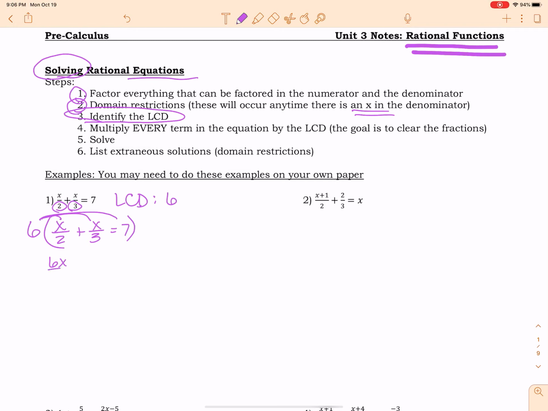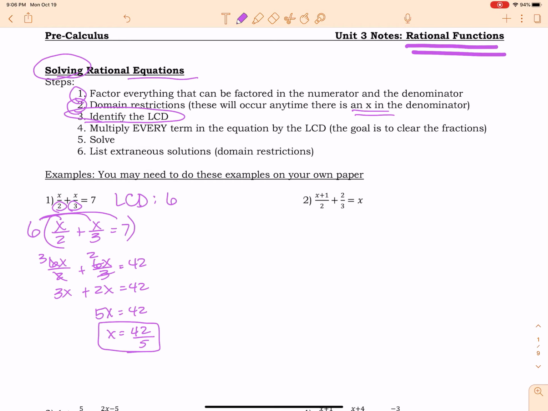So that gives me 6x over 2 plus 6x over 3 equals 42. And then, of course, these will reduce. So I've got 3x, 2x, and I end up with 5x equals 42, so x just equals 42 over 5. Easy peasy lemon squeezy.